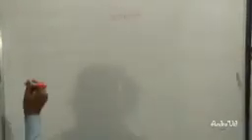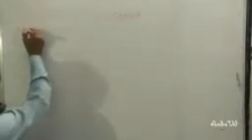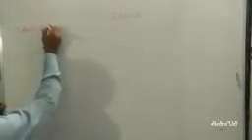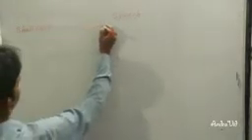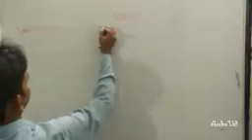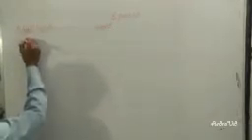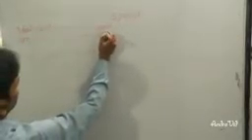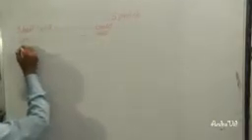Dear students, if you have shall or will, in the indirect sentence you will have to write would. If you have can, you will have to write could. If you have may, you will have to write might.